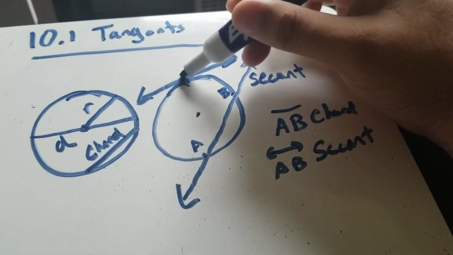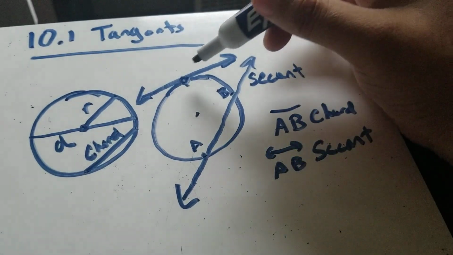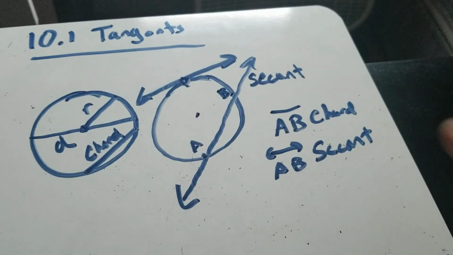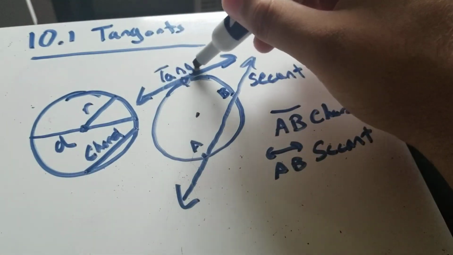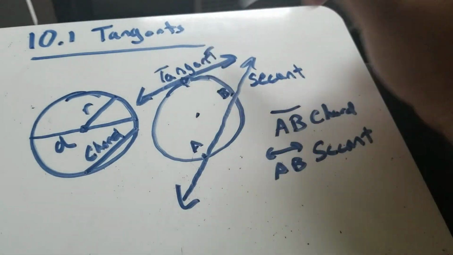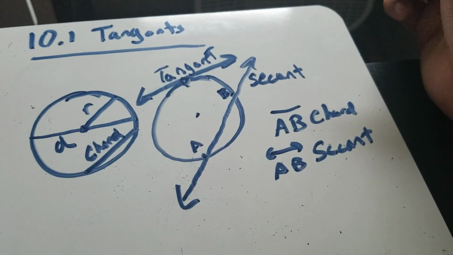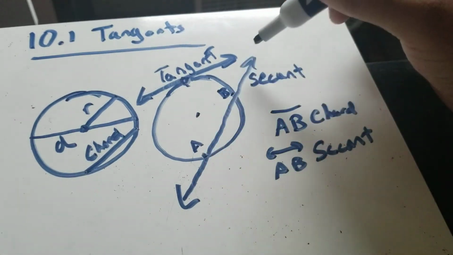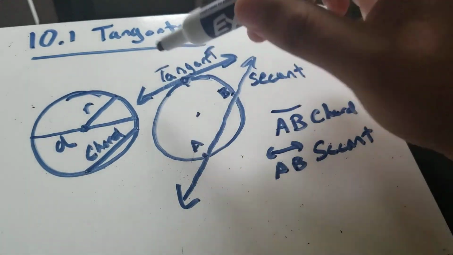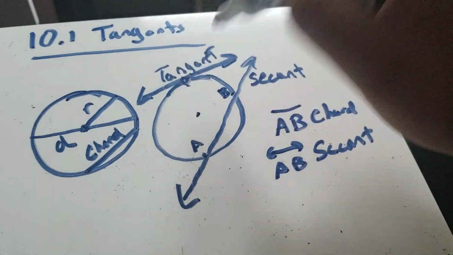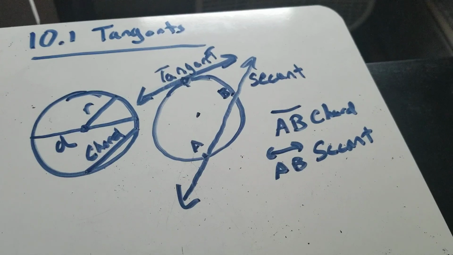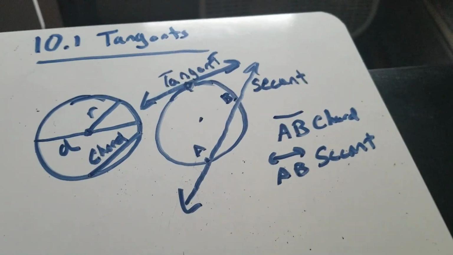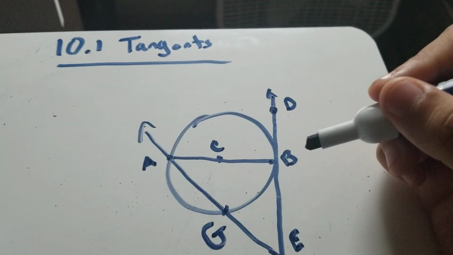It hits the circle exactly on the edge exactly once. It just scrapes by the edge. That is a tangent. It has a relationship to the trigonometry tangent, but I don't think we go over that. So a secant hits the circle twice, goes in and out. A tangent hits it once, right at the edge. Those are the new terms today.